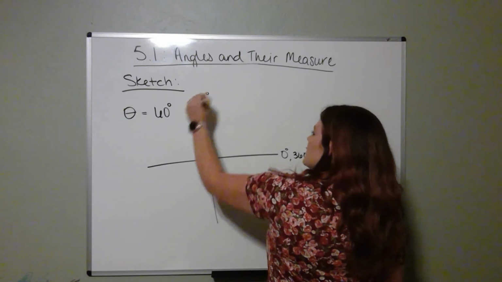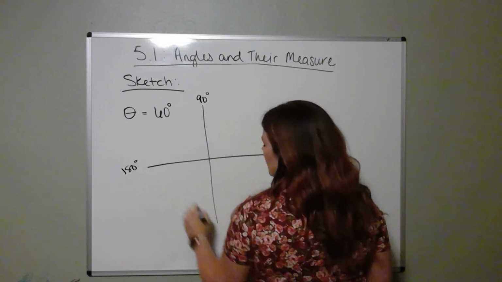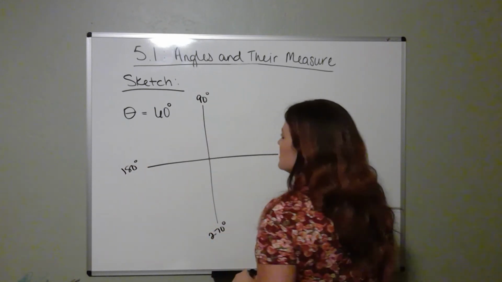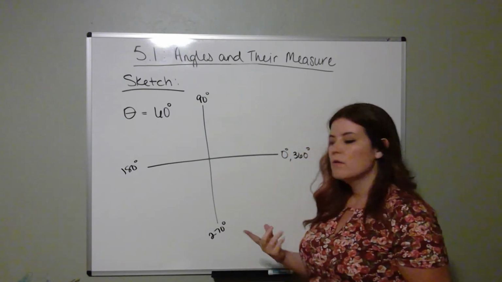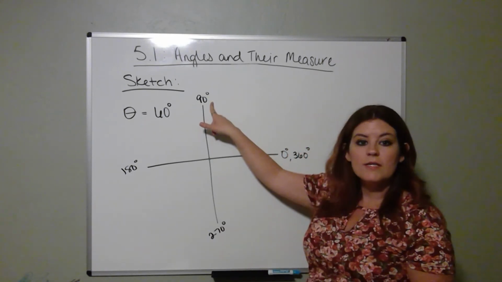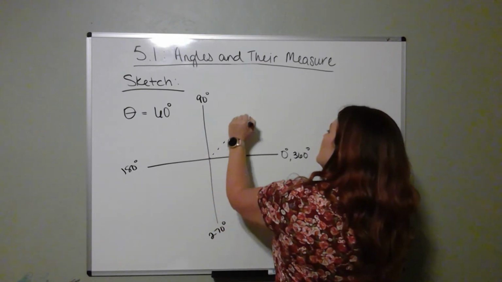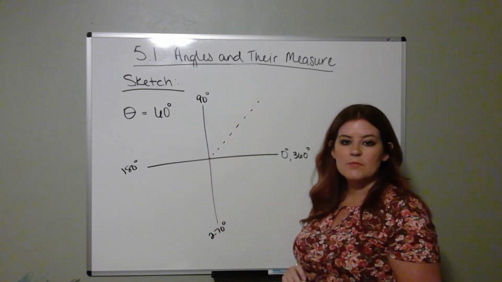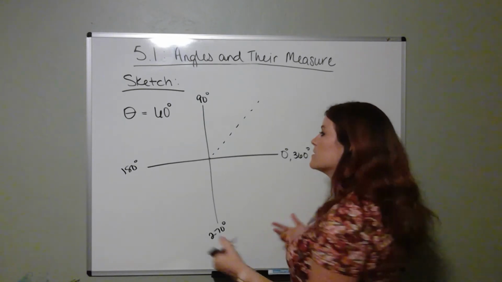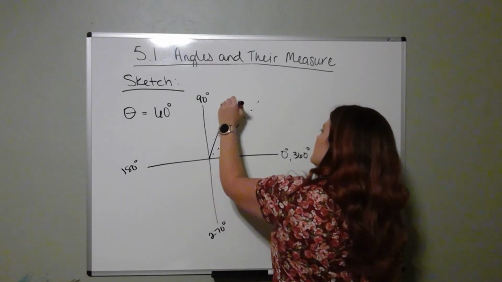We have the 90 up here, the 180, and the 270. So you guys, 60 degrees, where's it going to fall? It's going to fall somewhere between 0 and 90, right? It's more than halfway. This would be the halfway point between 0 and 90. That'd be like 45, right? So it's going to be a little more than that. So I would sketch an angle right here.